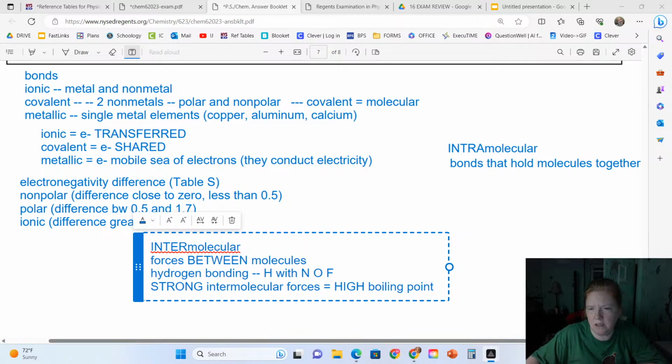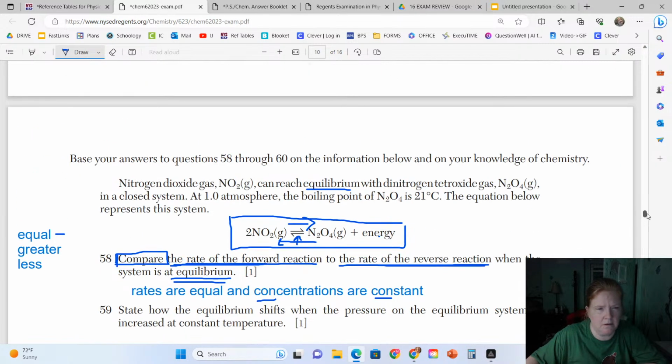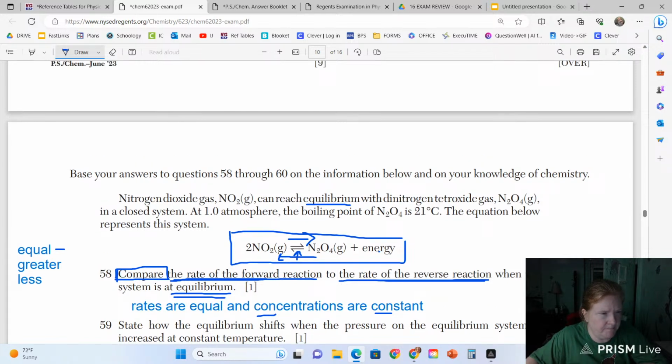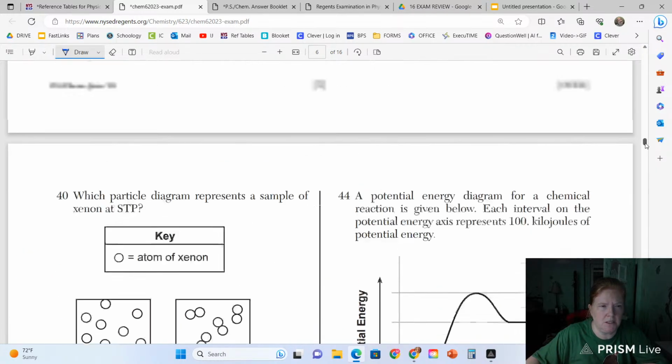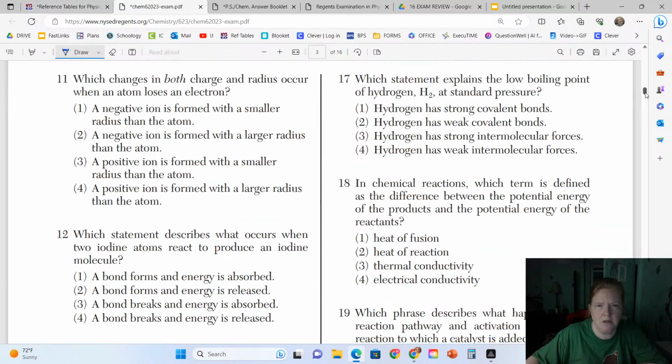Did we do 58? Let me go back and see. Yeah, we did 58. And we did covalent. We did balancing 18. All right, so let's go look at 18. That's the next one that I had jotted down up here.